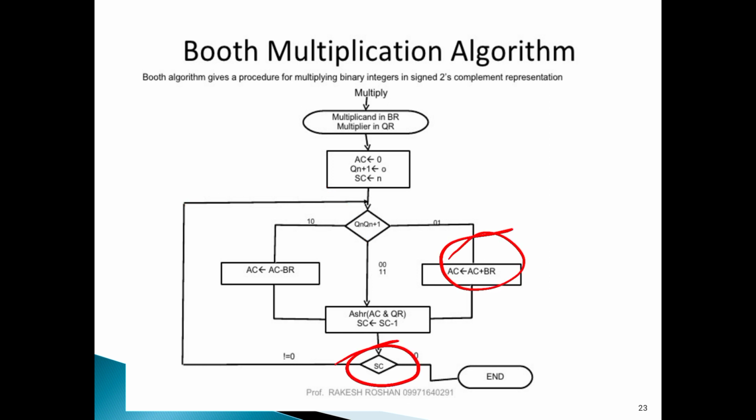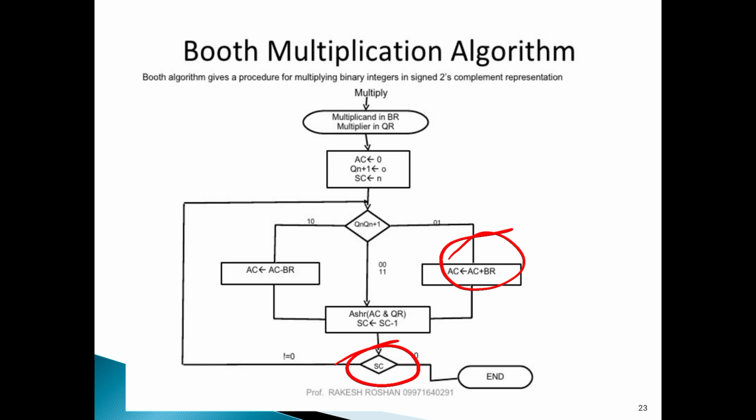So here, the multiplicand is stored in the BR register and the multiplier is stored in the QR register. Initially AC equals 0 and Qn+1 equals 0, and the sequence counter, represented as n, holds the number of bits in the multiplier. Every time we check Qn, Qn+1.